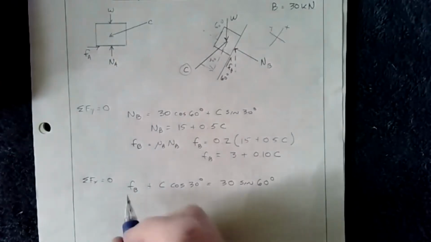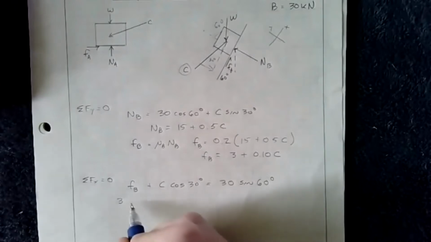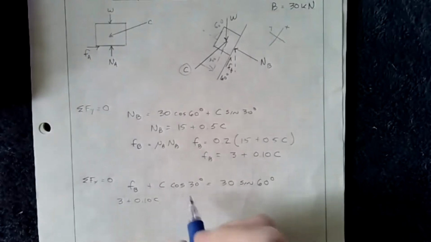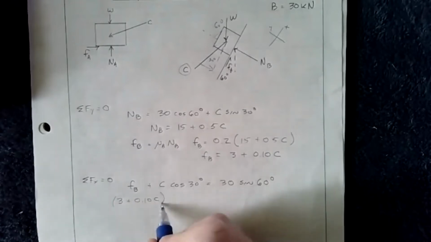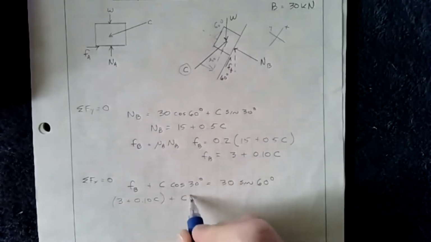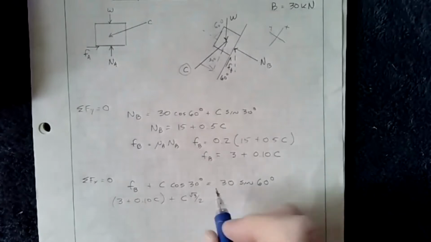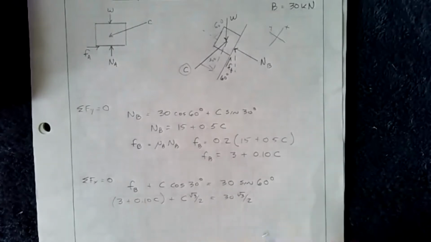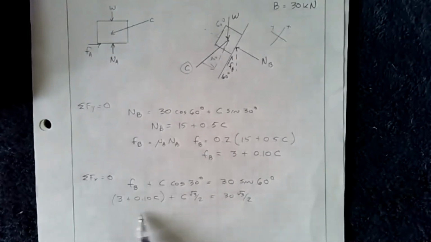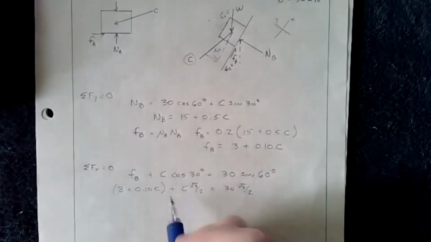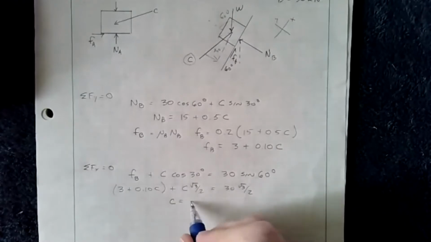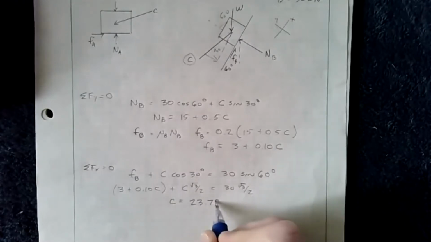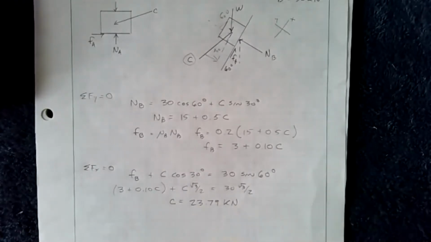So I plug in 3 kilonewtons plus 0.10 C plus C times square root of 3 over 2 equals 30 times square root of 3 over 2. And so now I have everything in terms of C. C equals 23.79 kilonewtons.